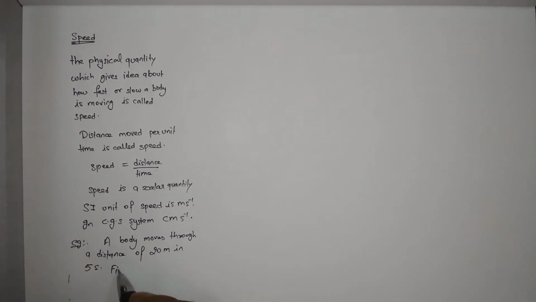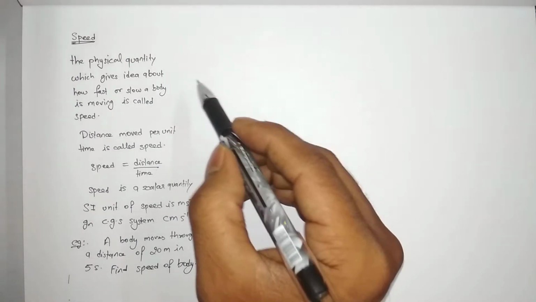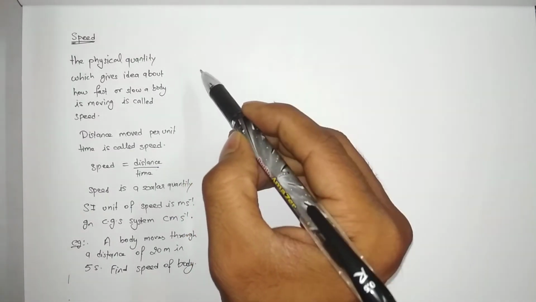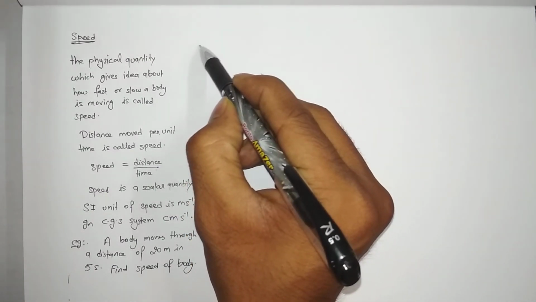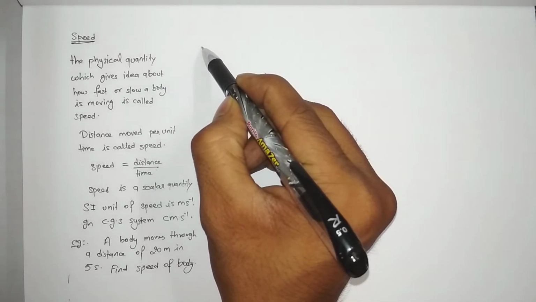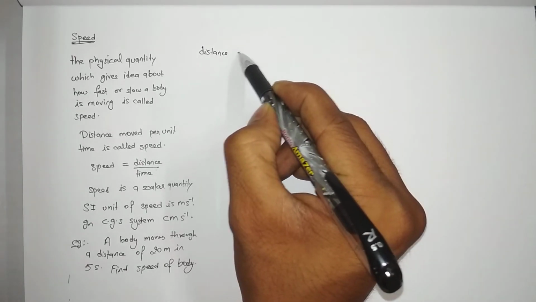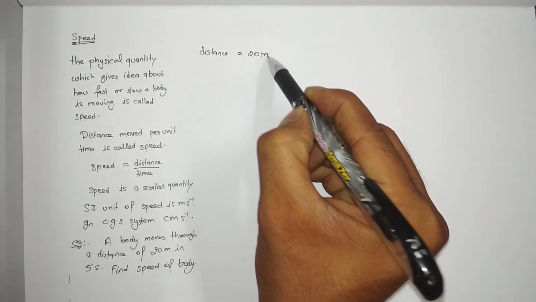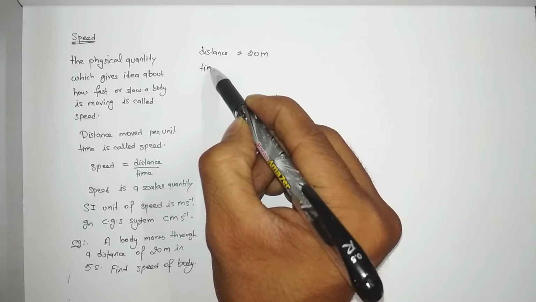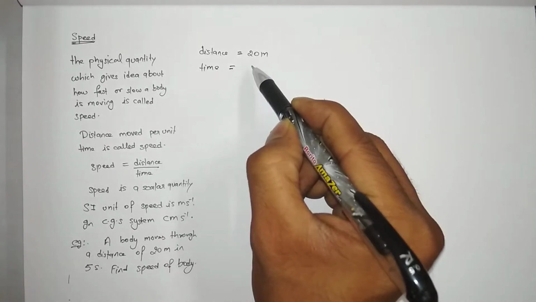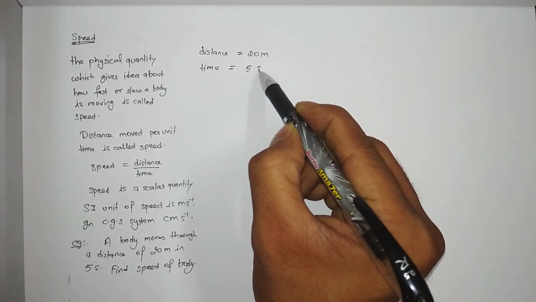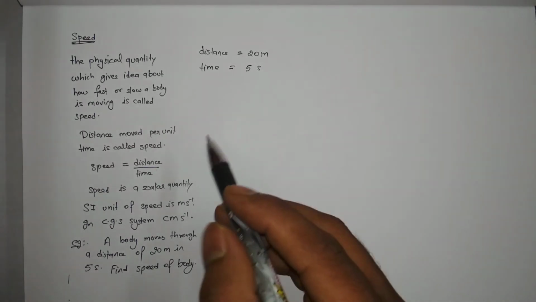Find speed of body. So in given question, distance is given as 20 meter, time is given as 5 seconds. We need to find out speed of the body.